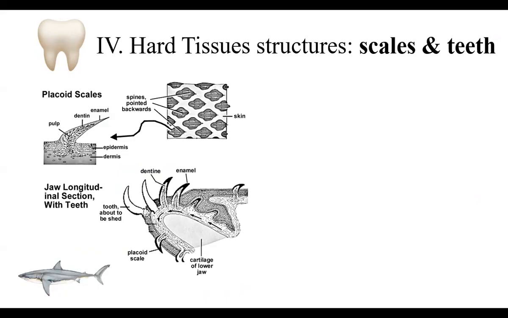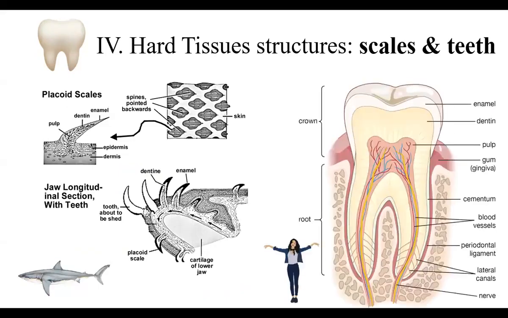What is the relationship between these dermal scales on the armor, or loose on a shark, and the teeth? All of these have the same deep architecture: a living pulp cavity with blood vessels and nerves, a dentin layer, and an enamel layer where it's actually sharp and pointy and does interesting things. This is the cross-section of a shark's scale. This is a cross-section of a shark's tooth. This is a cross-section of your tooth.